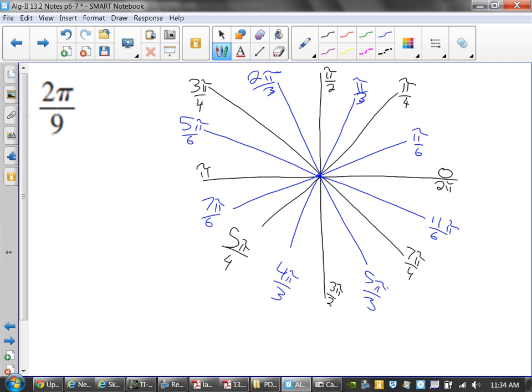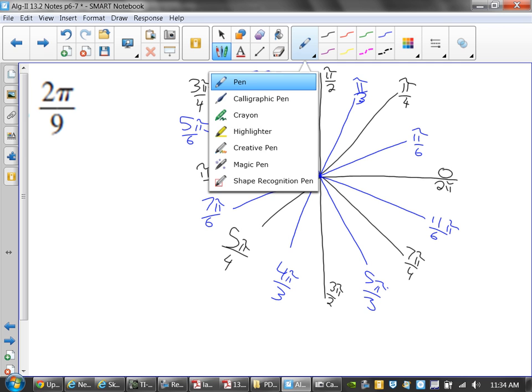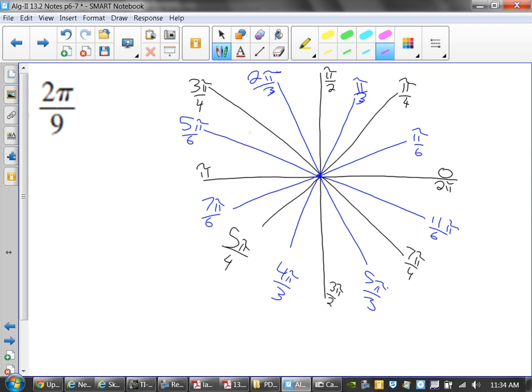Now, was it this class that saw a nice pattern here? 6, 4, 3, 3, 4, 6, 6, 4, 3, 3, 4, 6. Yeah. You guys remember that? Okay. Well, we had someone last hour point out something else. Pi, pi, pi. Everybody okay?